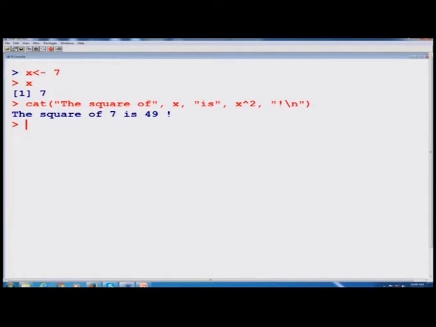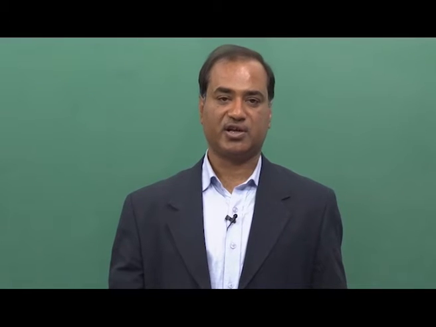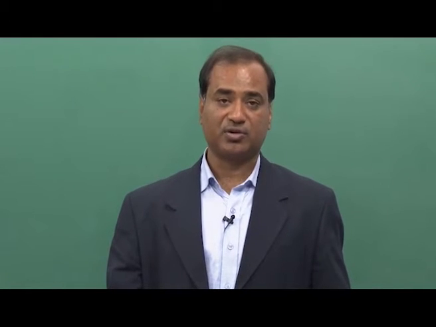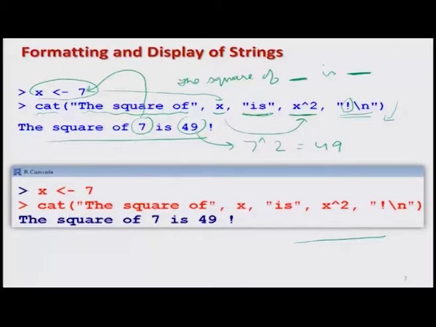The advantage is that if I change the value of x to, say, 1, 2, 3, 4, then no issues, the answer is changed. As soon as I change the value, the output is automatically changed, and that is the advantage of using this cat function, that you get the outcome in the way you want.